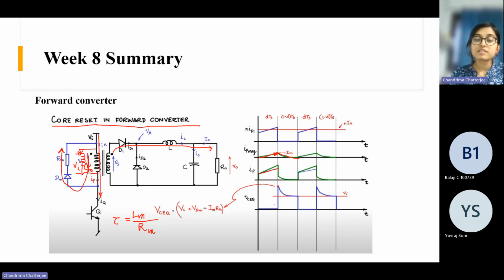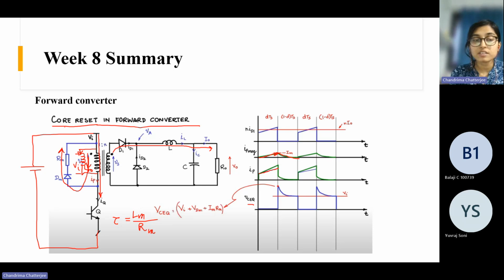And this is the voltage VCEQ. This is the voltage trace on this BJT. So when the BJT is on, then the voltage is 0. When the BJT is off, then what happens is the core reset is going on. And here we have this supply voltage like this.